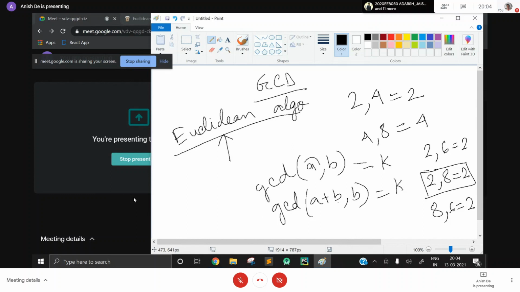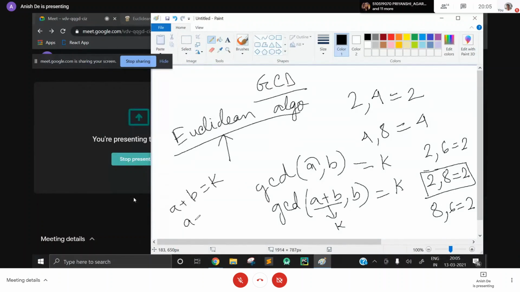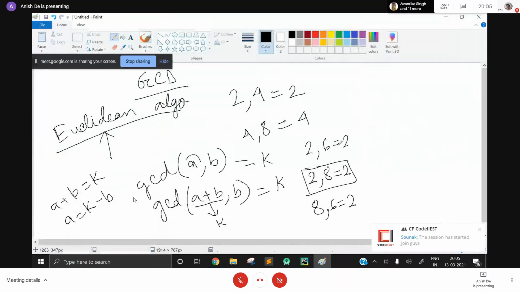Now, another thing that we can see from here: if we replace A plus B by K, then A equals K minus B. So what does that imply?